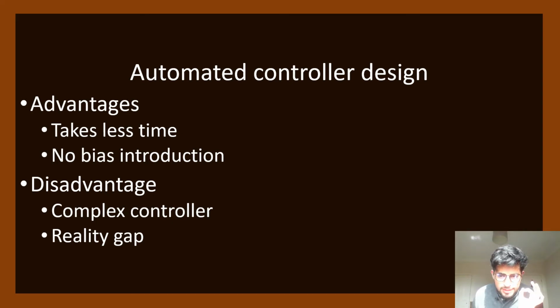However, a downside is that there are two. The first one is a complex controller. Neural networks are great. They're really useful. You can train them for robots to do many different tasks, but unfortunately they are complex.